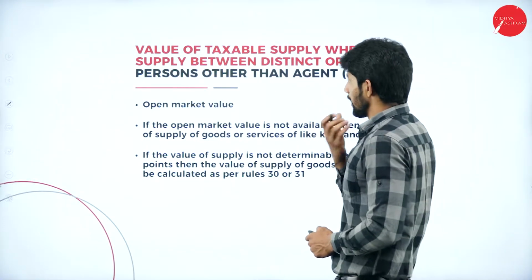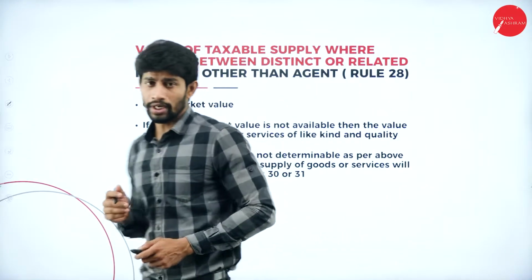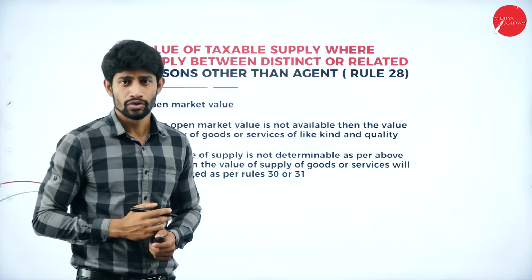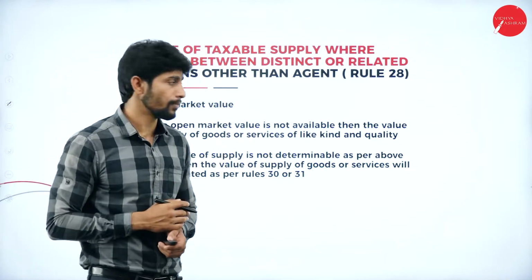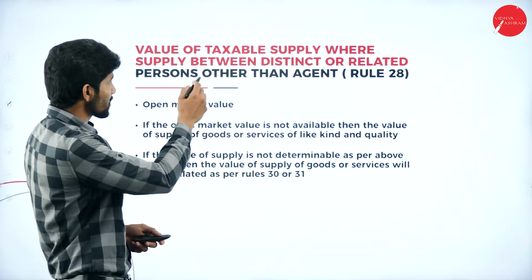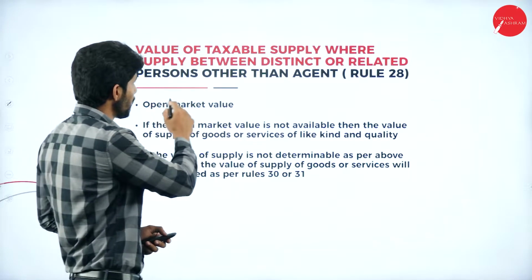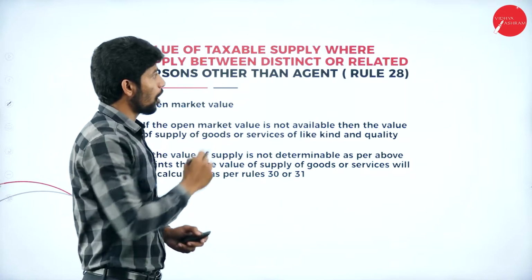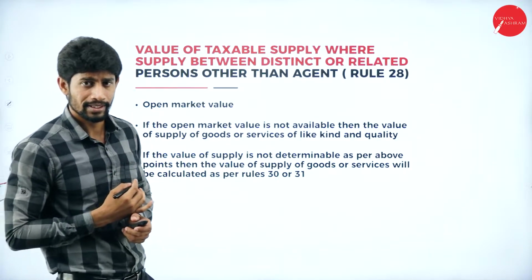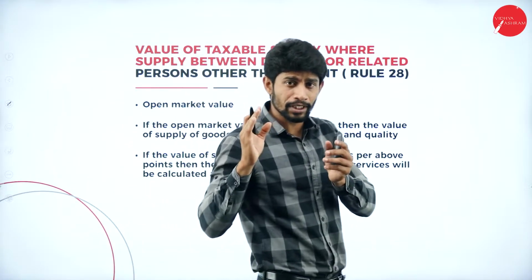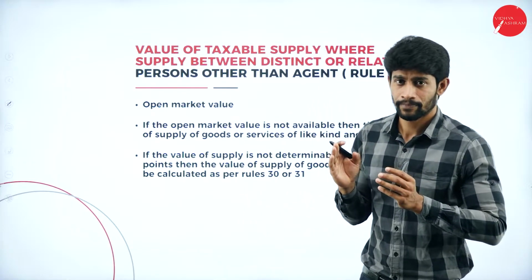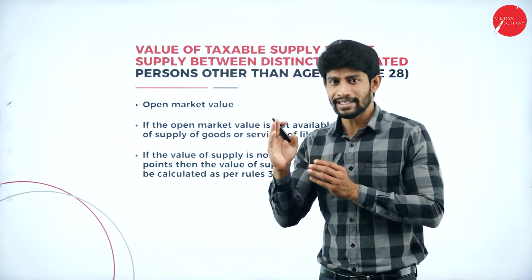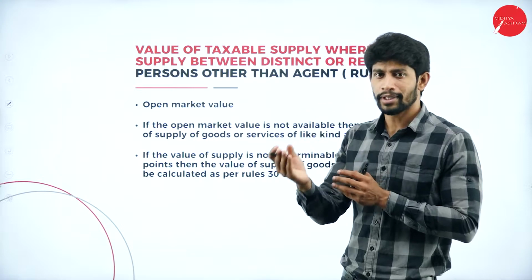So moving on to the next rule, that is rule number 28. So when is rule number 28 applicable? The value of taxable supply where supply is between distinct or related parties. If the supply is happening between related parties, then the treatment will be different.